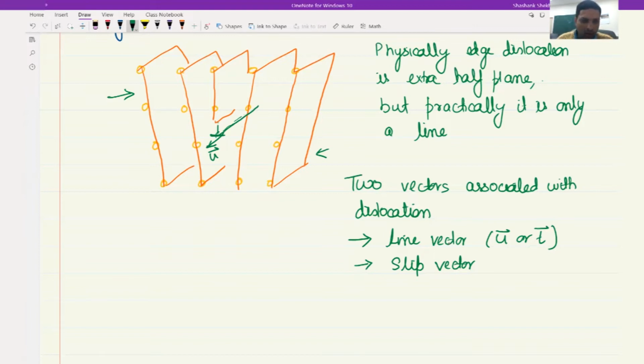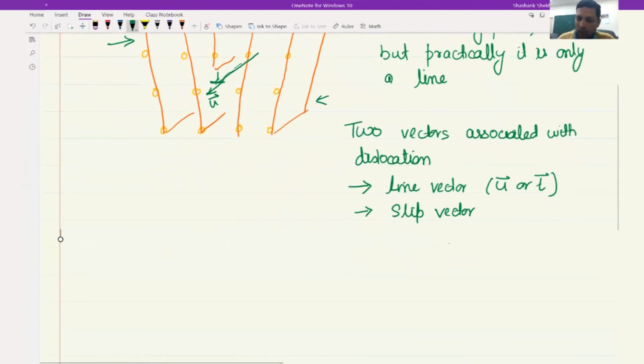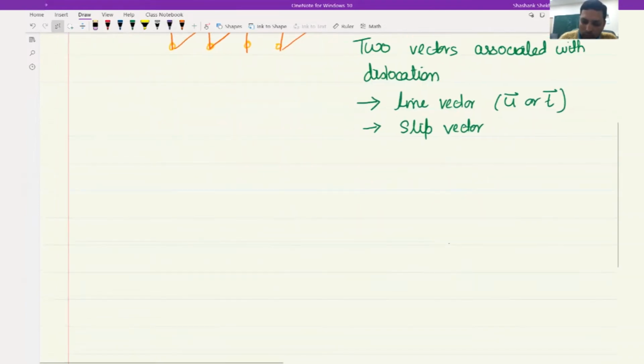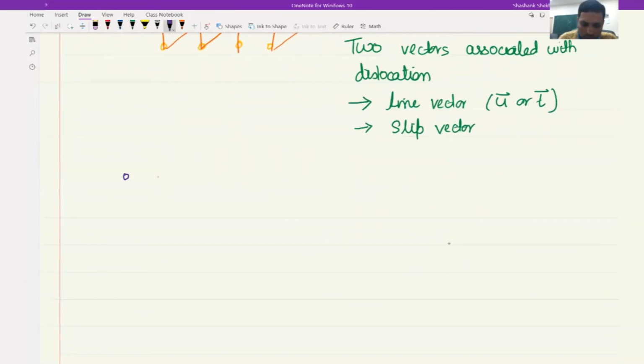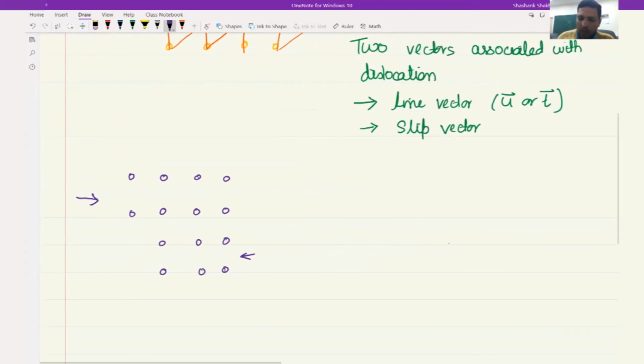Or if I were to draw it, it would look like so. Let's say you are applying shear stress, to make it simple and clear. So this is how it would look in the beginning.